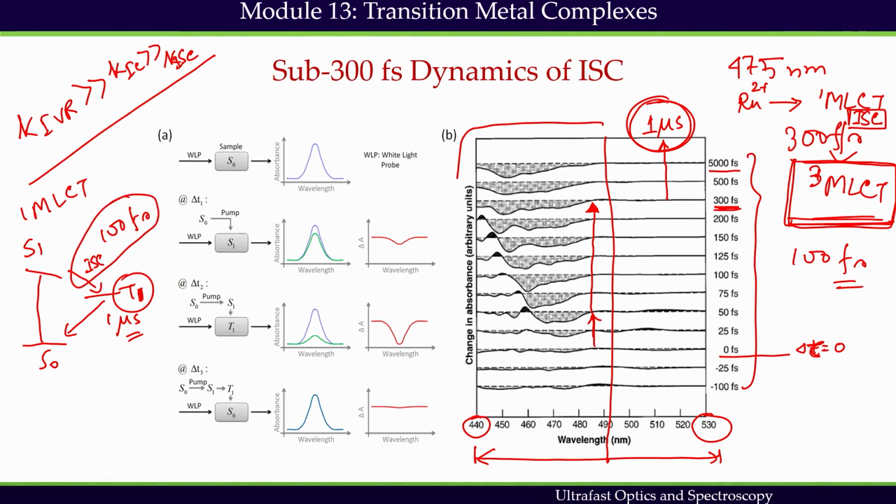Question is why? Why is T1 to S0 slow, but S1 to T1 very, very fast? Answer, there is no answer found in literature so far, but this is something which tells us that there is a demand for research on it.